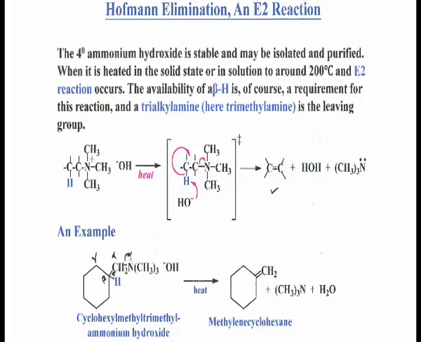You get an alkene. This type of reaction is known as the Hofmann elimination reaction. What is an elimination reaction? When two groups leave the system at a time, their relation may be alpha, beta, gamma, delta or omega. That type of reaction is called an elimination reaction.